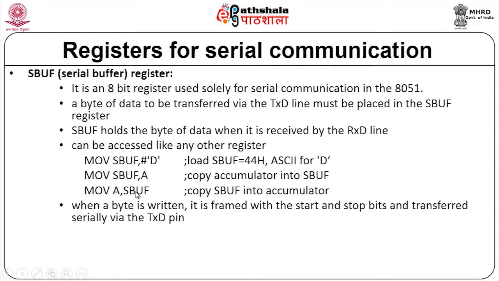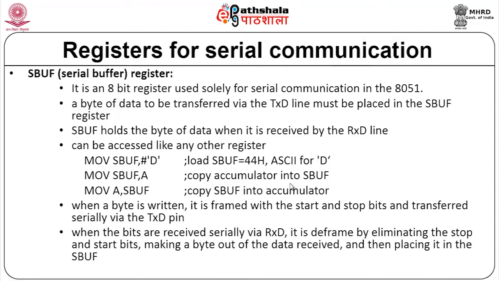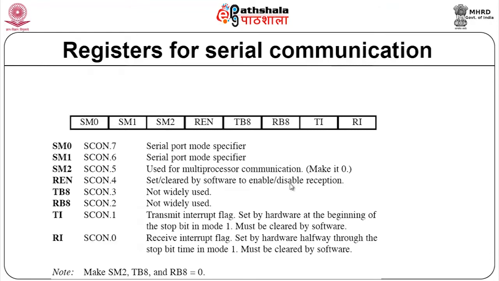Now that particular word is sent to my A, which happens through MOV A, SBUF. So the serial buffer is acting as an interface between the processor and the outside world to convert serial data into parallel data or parallel data to serial data. Now TXD and RXD are directly connected to SBUF. So this is the way we will be handling the situation.